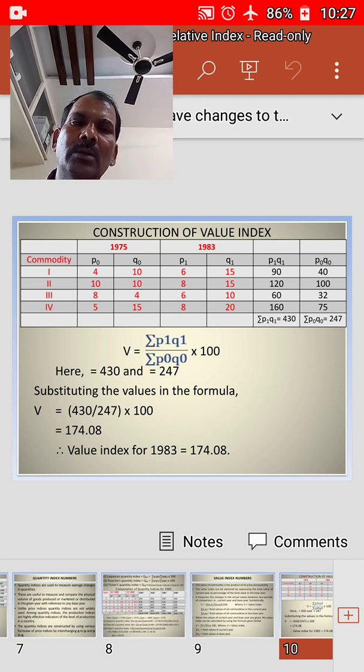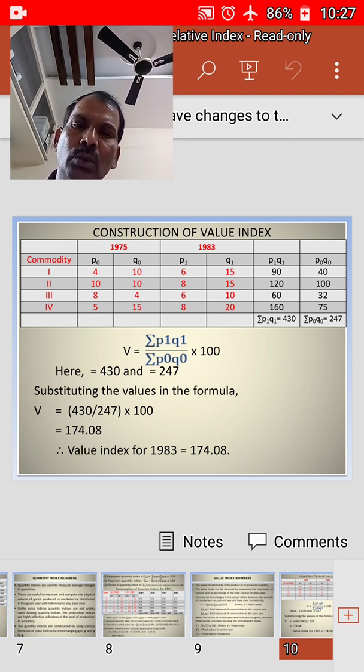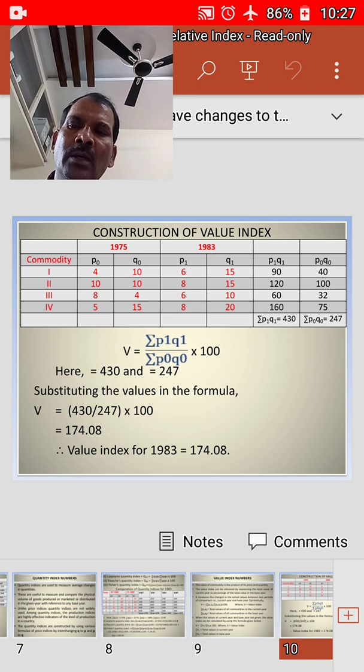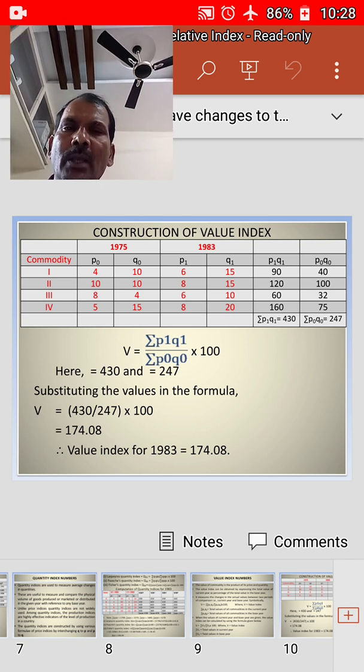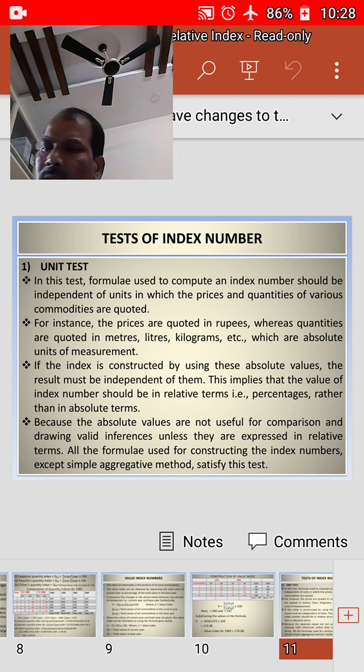Sigma P0 Q0 is equal to 247. If you substitute the same in V, it is equal to 430 by 247 into 100, which is equal to 174.08. Therefore, value index for 1983 is equal to 174.08.